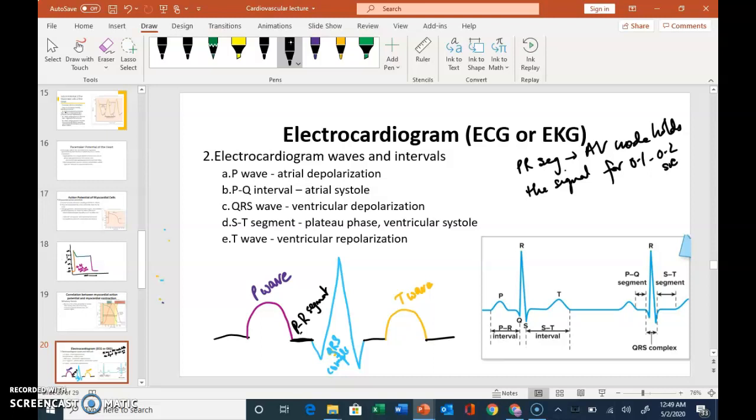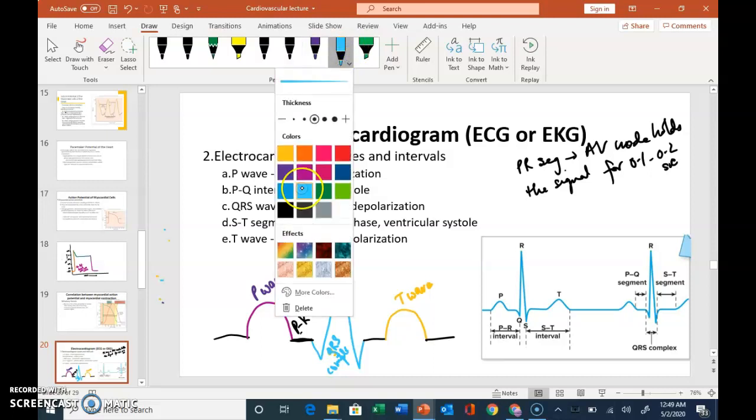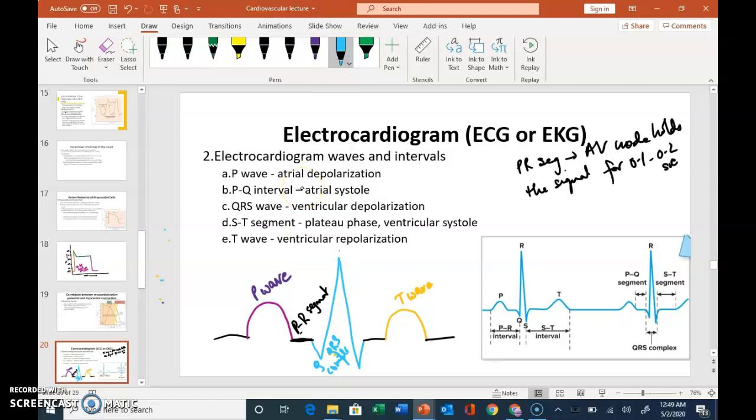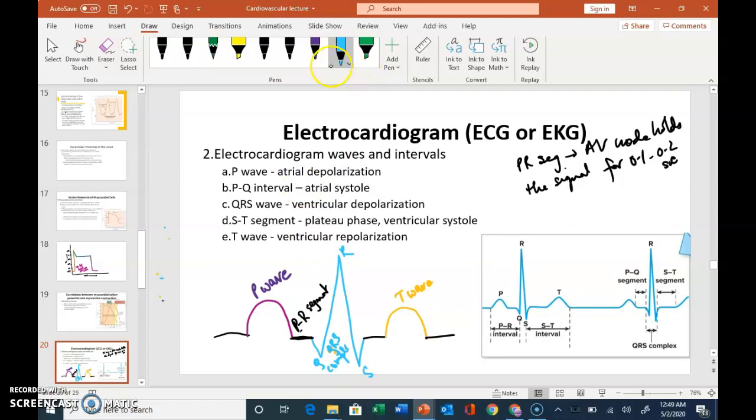And then we have another, actually let me do it a little better. This is QRS. And then there is another segment right here. This is called the ST segment. And the ST segment is the time right before ventricular repolarization.